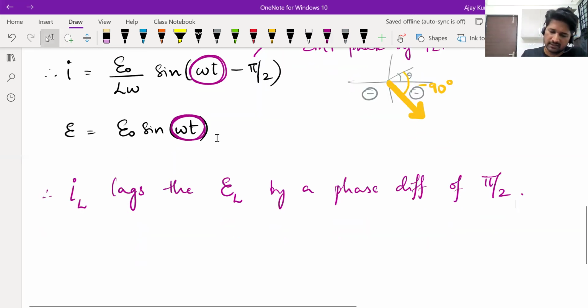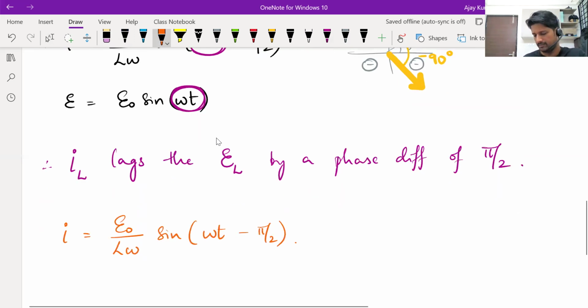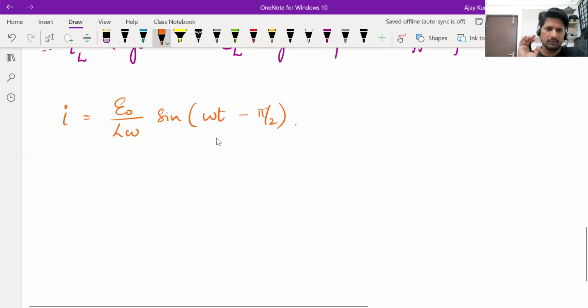Next, look at the current equation that we got. I is equal to E naught by L omega sine of omega t minus pi by 2. Tell me, what is the maximum value of this function?